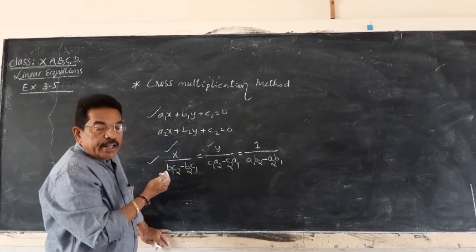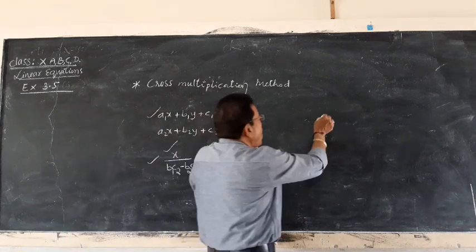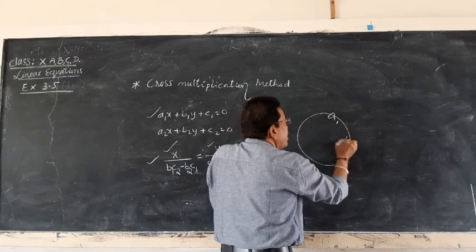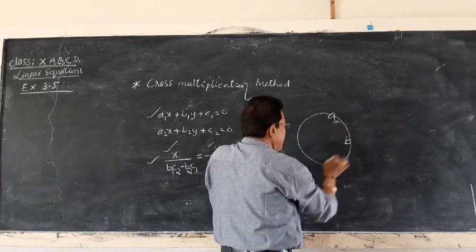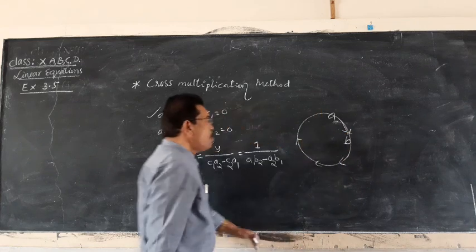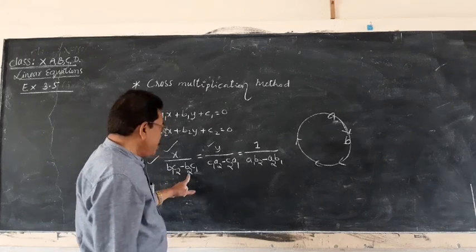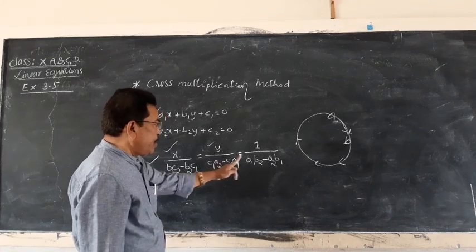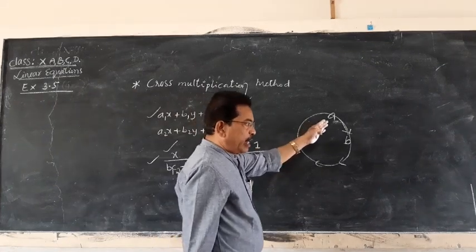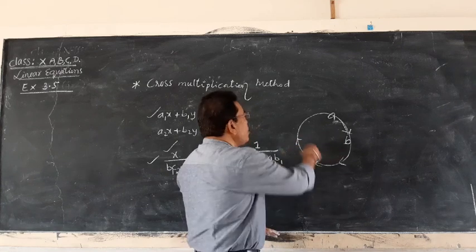See, the coefficients of x and y and the constants are in cyclic form: a1, then b1, then c1, like a, b, c. If we consider a, then next will be b, next will be c, again it will be a.